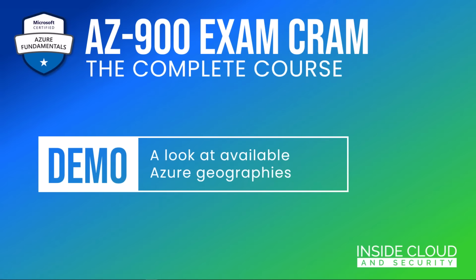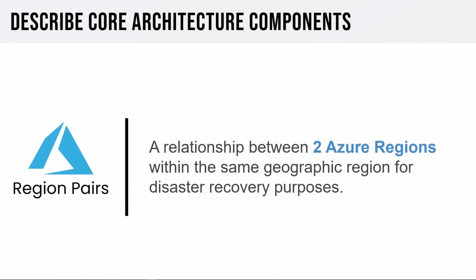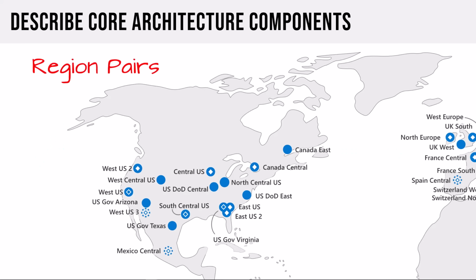We should also talk about region pairs. A region pair defines a relationship between two Azure regions within the same geography for disaster recovery purposes. A couple of things are true here. Region pairs tend to be at least 300 miles apart. For example, East US and West US are a region pair.